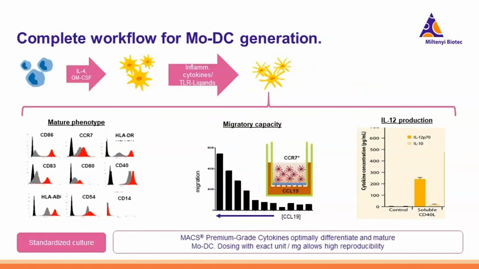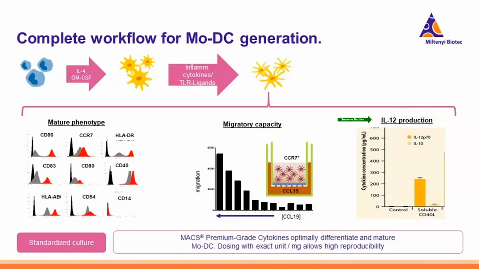So with the MACS Premium Grade cytokines, you can really optimally differentiate and mature your moDCs. So we could really show that they are getting into a mature phenotype, that their migration capacity is really working nicely, and also that they produce IL-12. So really all the criteria that you need for your moDCs.